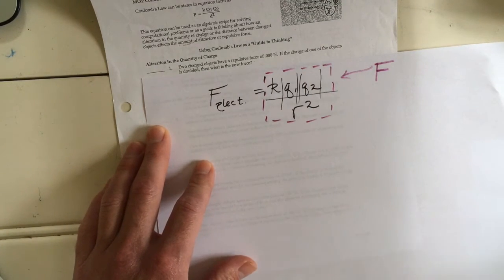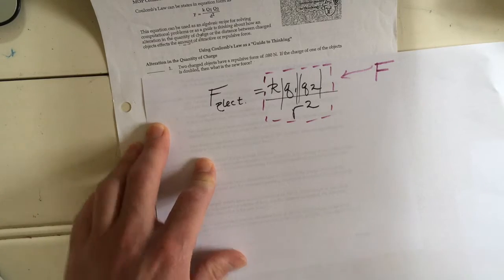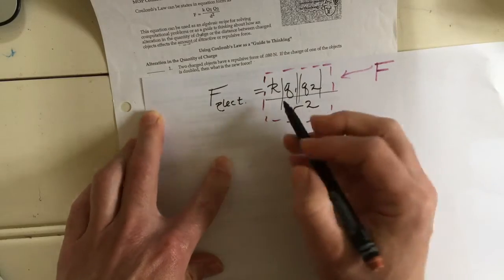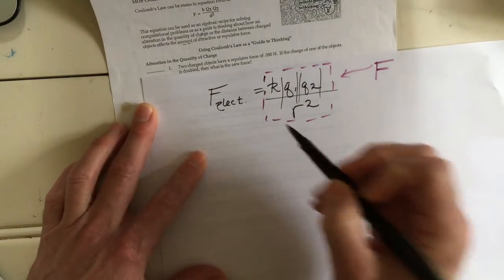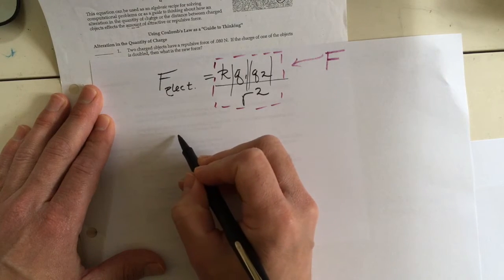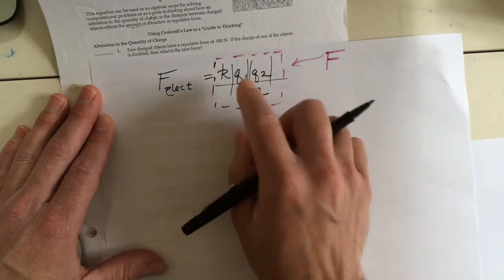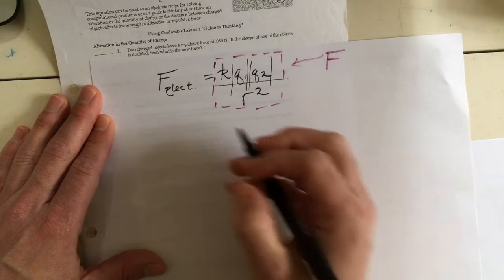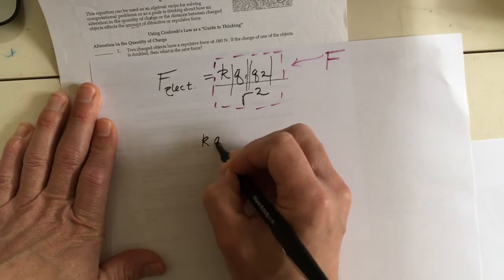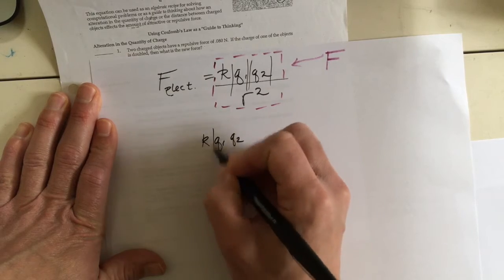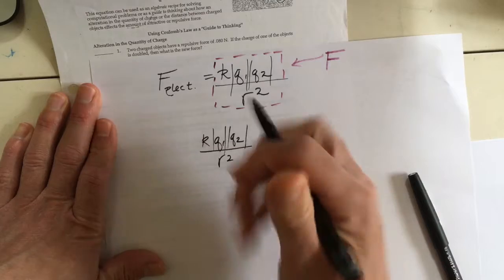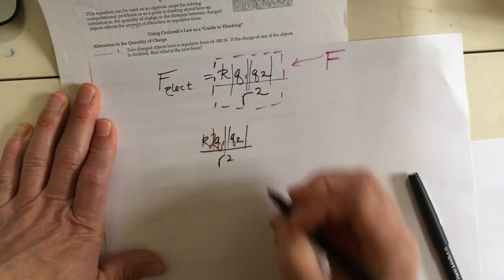So if we double one of these charges, I'm just going to put a 2 in here somewhere. Maybe I should redraw this just so I can keep this not looking too messy. So if I double one of the charges, I can go ahead and rewrite it. Let's just say one of these has a 2 with it.